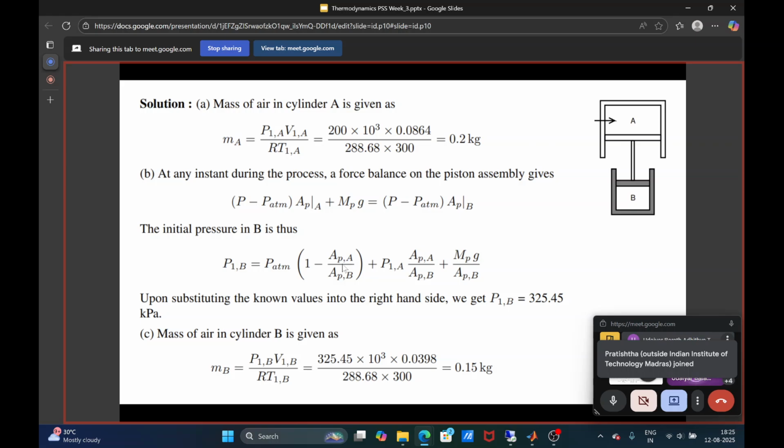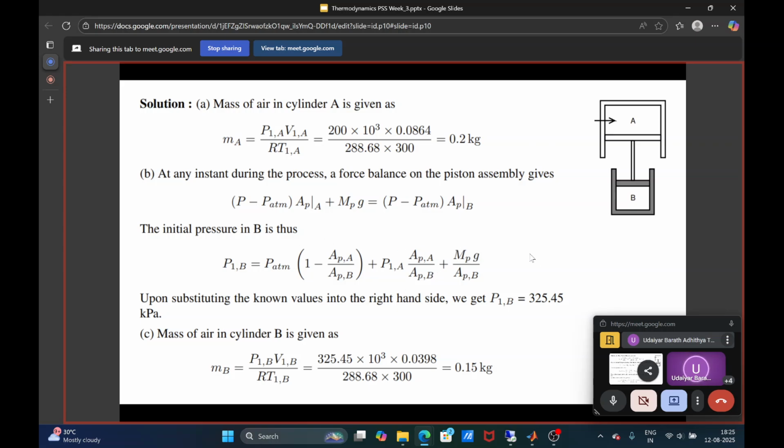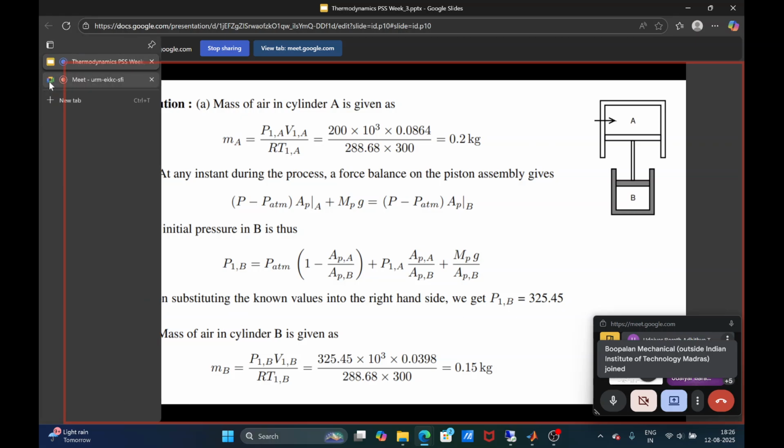The cross-sectional areas are 78.6 centimeter square and 39.3 centimeter square. The mass is 100 kg and g is 10. Substituting, we find the initial pressure in cylinder B is 325.45 kilopascal.